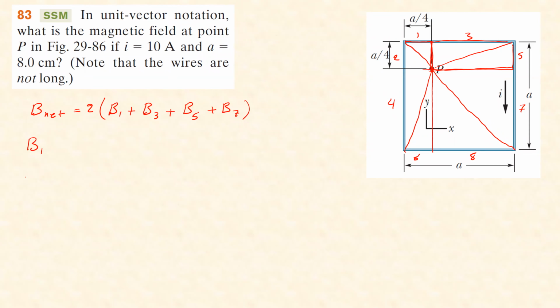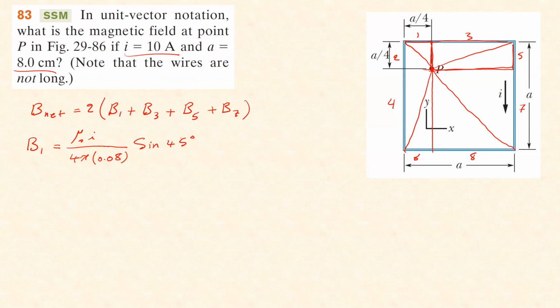B1 is at 40, the angle is 45 degrees, so it becomes mu naught I, I is 10 amps, divided by 4 pi. A is 8 centimeter, times 0.08, times sine of 45 degrees.